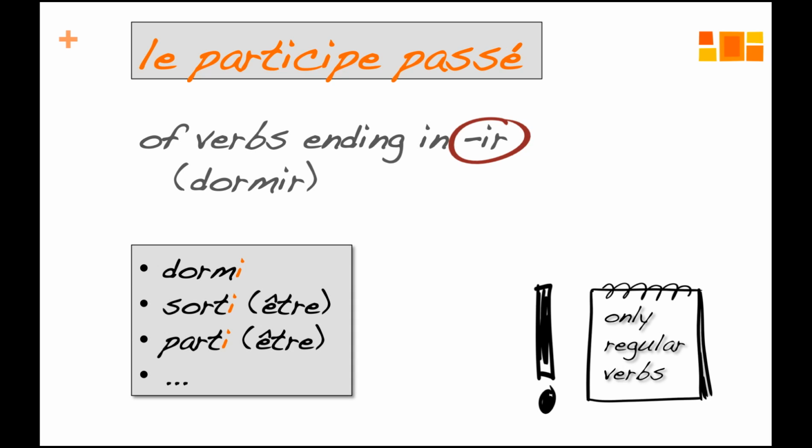And you want to be careful because, as you will find out in the second video, they also produce the passé composé with être, but the past participle, of course, needs to be here. So you have an i at the end. Just drop the r of the infinitive: dormi, sorti, parti. And this is your formation of le participe passé. And there's lots more also.